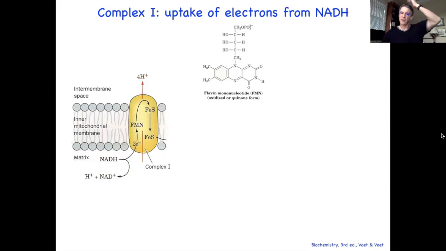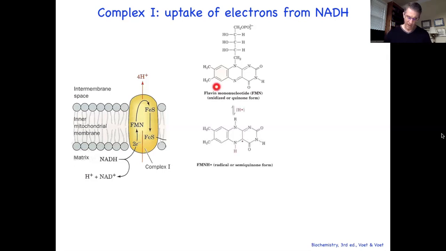And FAD or FMN, these flavins, if you recall, can take up electrons and protons in two steps of one electron, one proton transfer, right? So if you have the FMN, the fully oxidized form, this molecule will first take up on that central nitrogen, the one not in the bond that's connecting the sugar, the nucleotide.